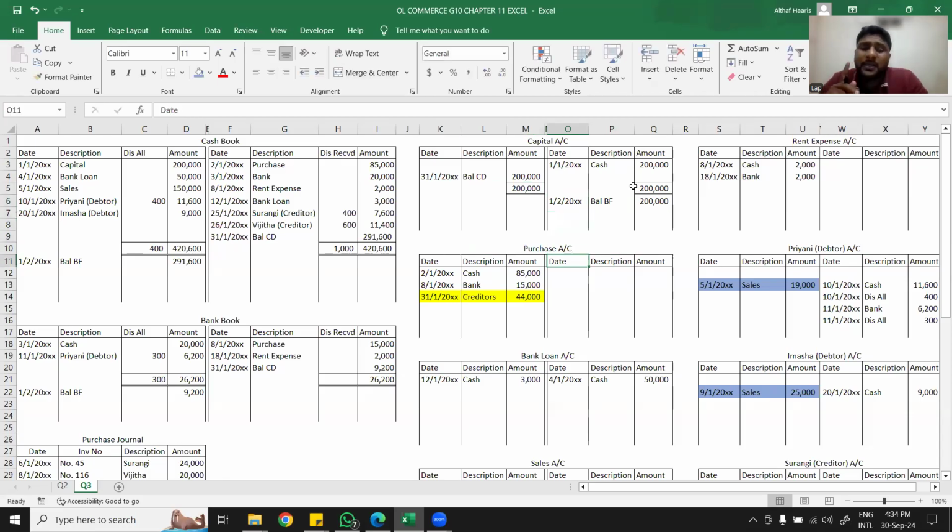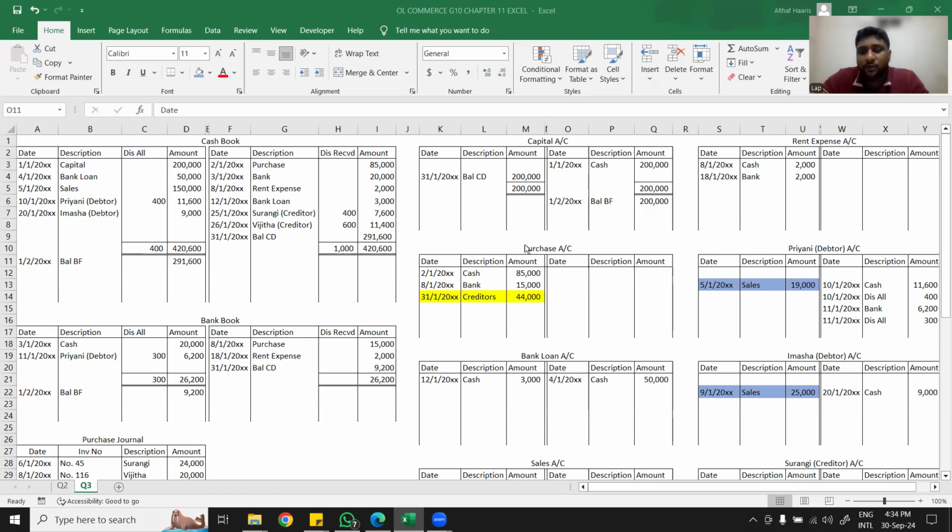Tell me, people, purchase is what account? Income account, or asset account, or liability account, or equity account, or expense account? Purchase is an expense account. Don't forget it. Purchase is an expense account.